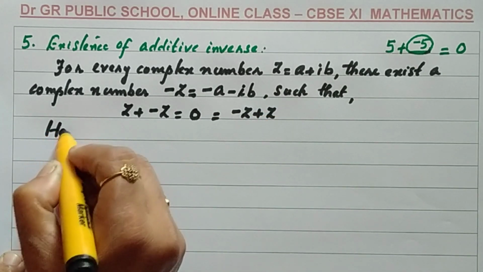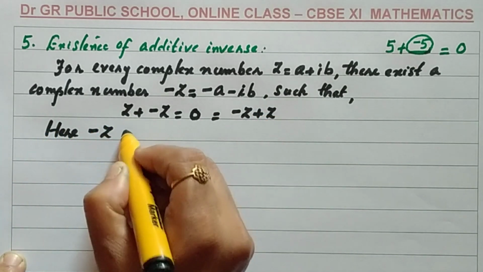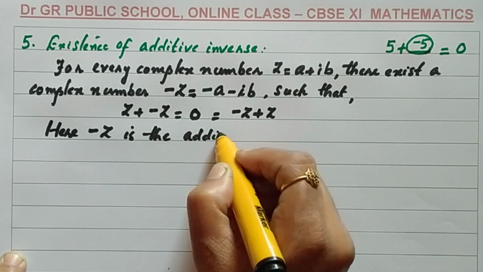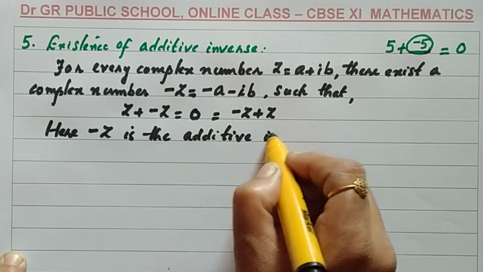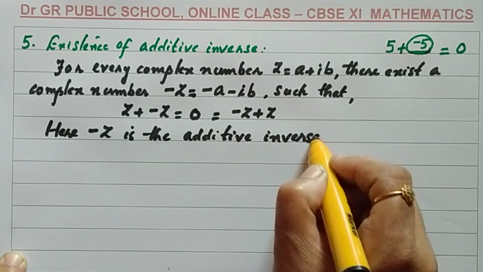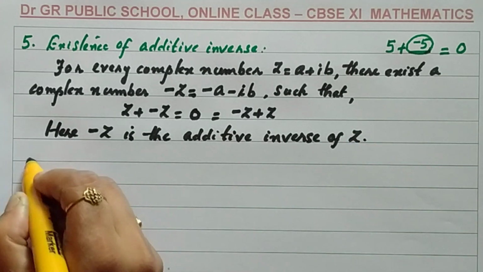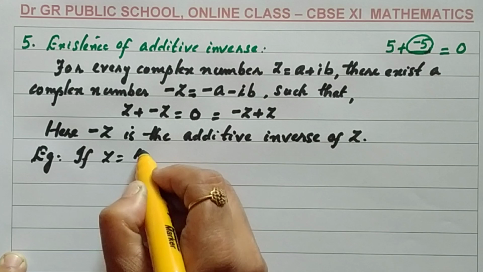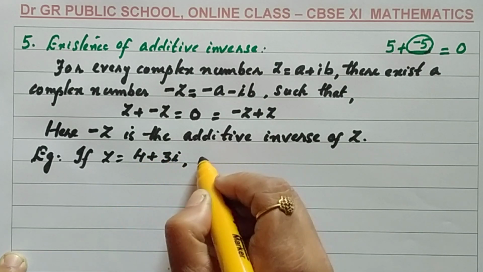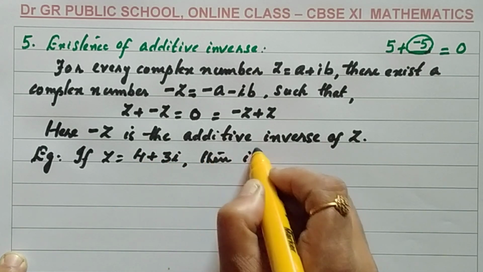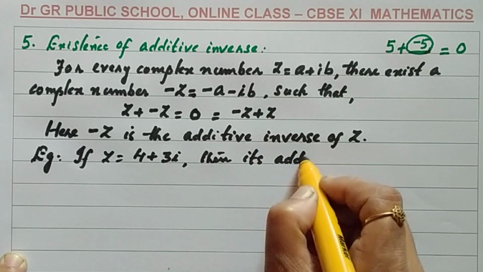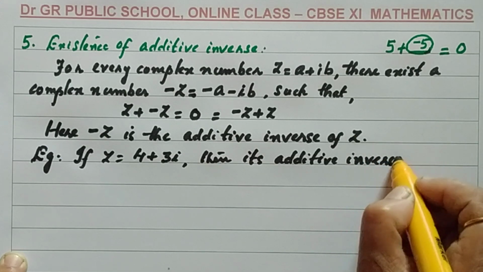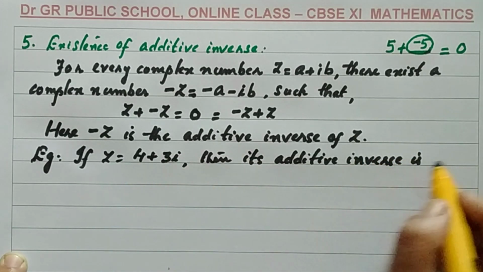Here minus z is the additive inverse of z. Example, if z equals 4 plus 3i, then its additive inverse is minus 4 minus 3i.